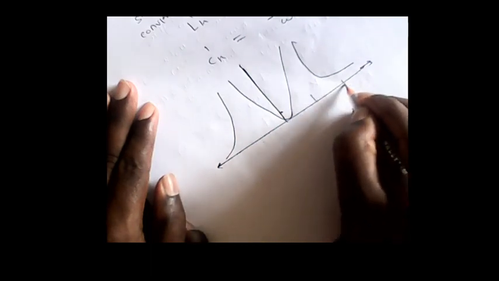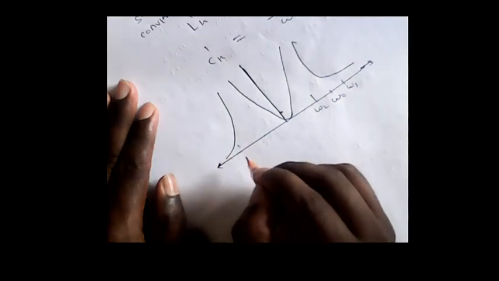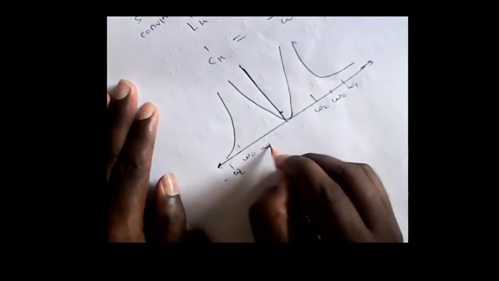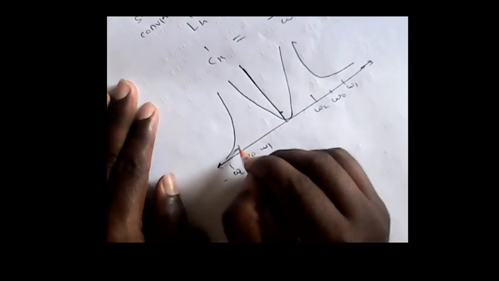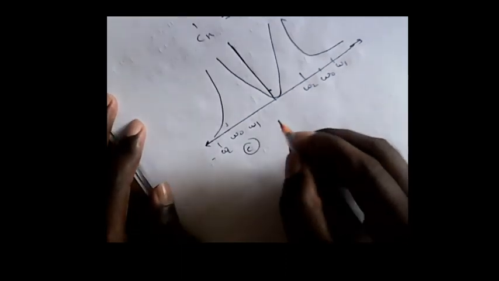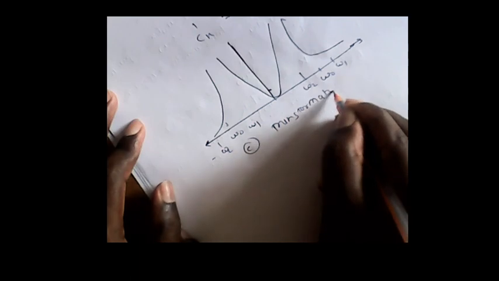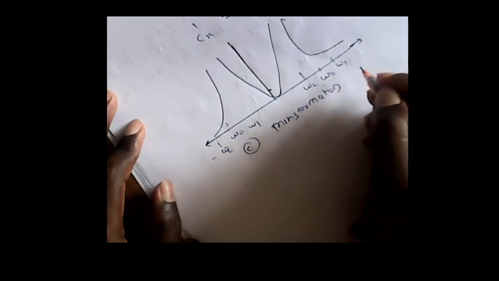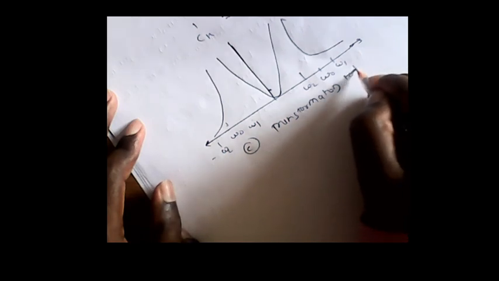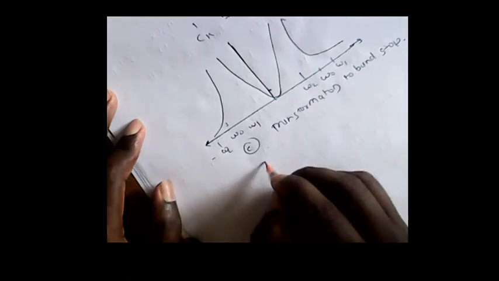Here are the frequencies omega 0, omega 2, omega 1, where delta omega is omega 2 minus omega 1. So this figure indicates the transformation from low pass to band stop filter response.